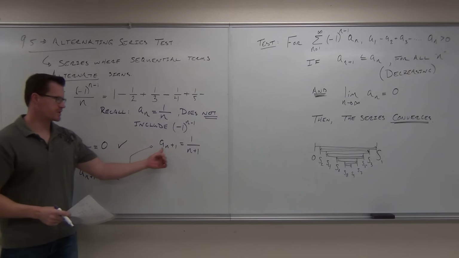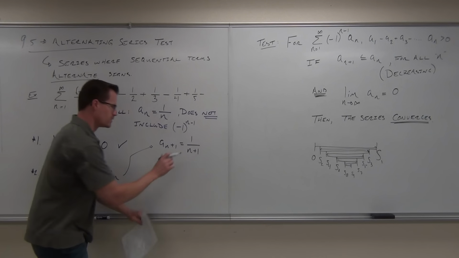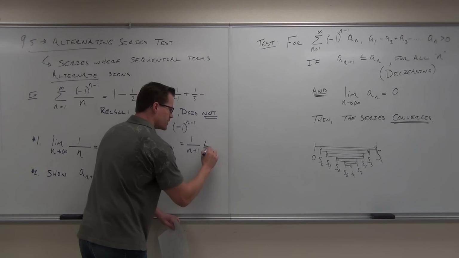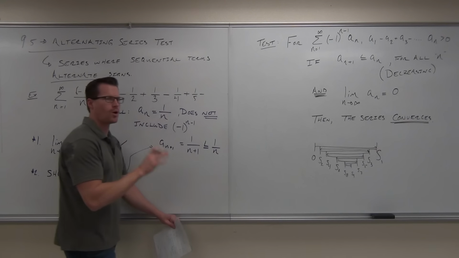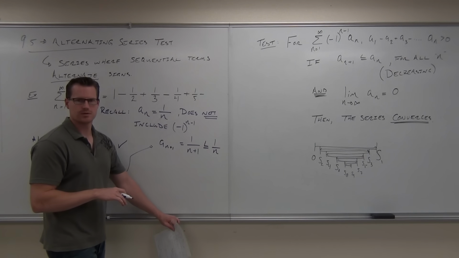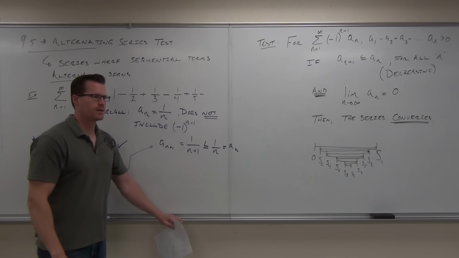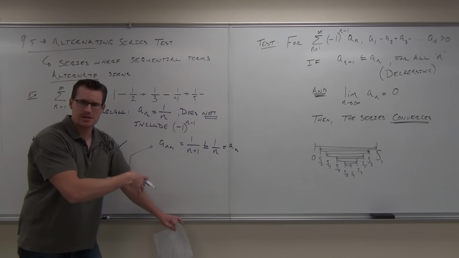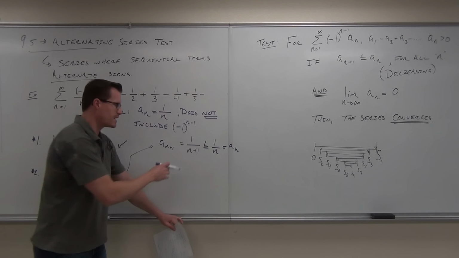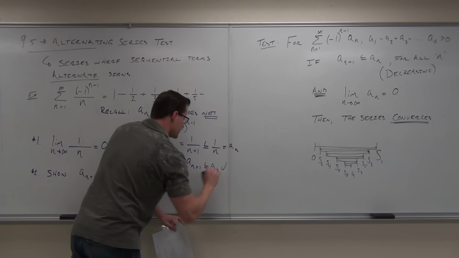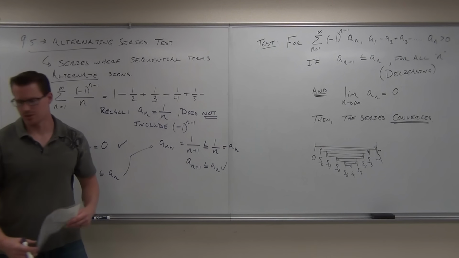A sub n plus 1 says, hey, you plug in n plus 1. Is that less than or equal to 1 over n? For all n that are positive. Yes. And is this equal to a sub n? Sometimes it's easier to do this than it is a derivative. So right now this says that a sub n plus 1 is less or equal to a sub n. That shows that it is decreasing.